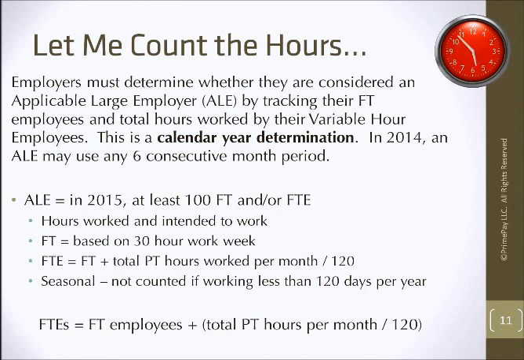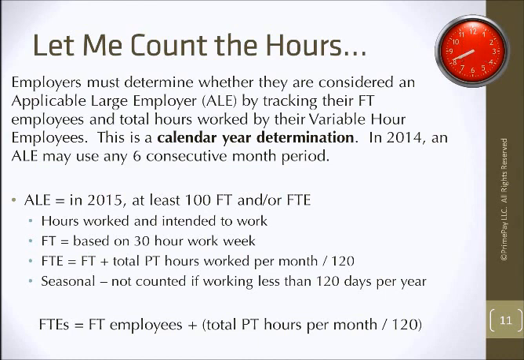And yes, before anyone tweets or asks whether my calculation is wrong on the 120, it's 120. So it's divided by 120, that's per month. It's 1440 for the year to determine your full-time equivalents. Seasonal employees are not counted at all if working less than 120 days per year.